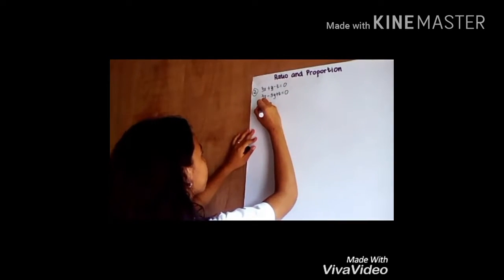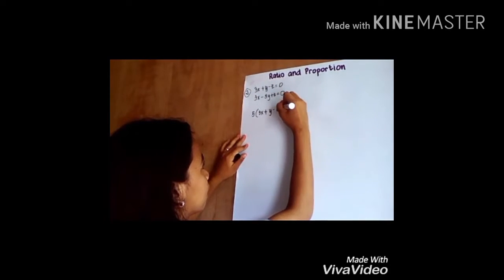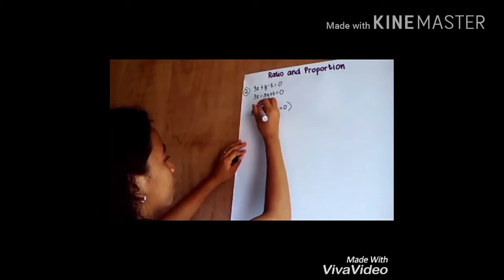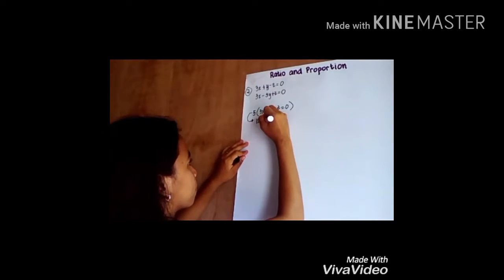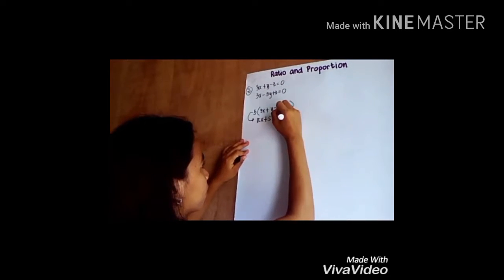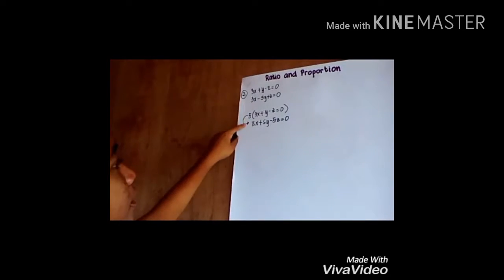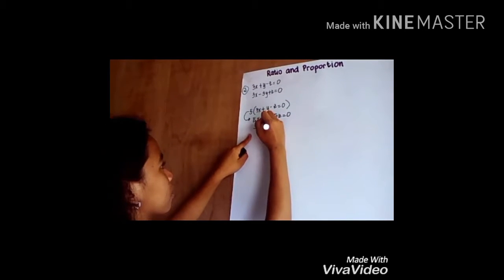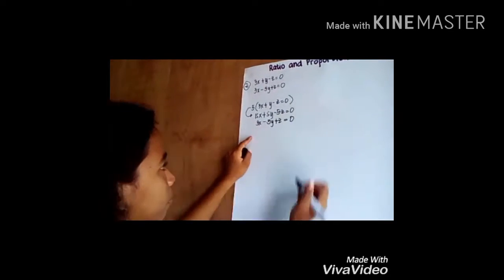So it becomes 5 times 3x plus y minus z is equal to 0. Then it becomes 15x plus 5y minus 5z is equal to 0. Then bring down the second equation: 3x minus 5y plus z is equal to 0.